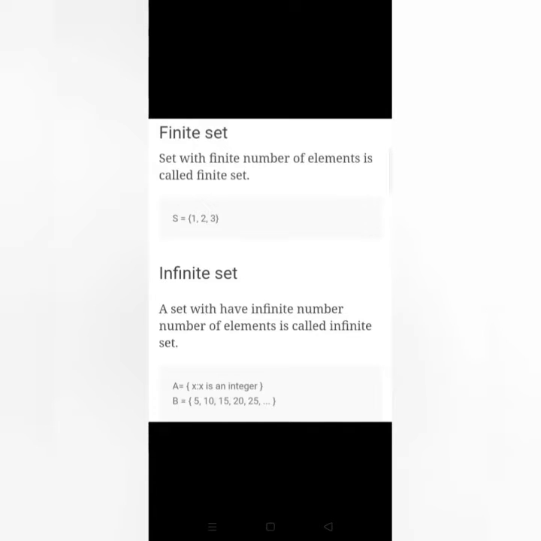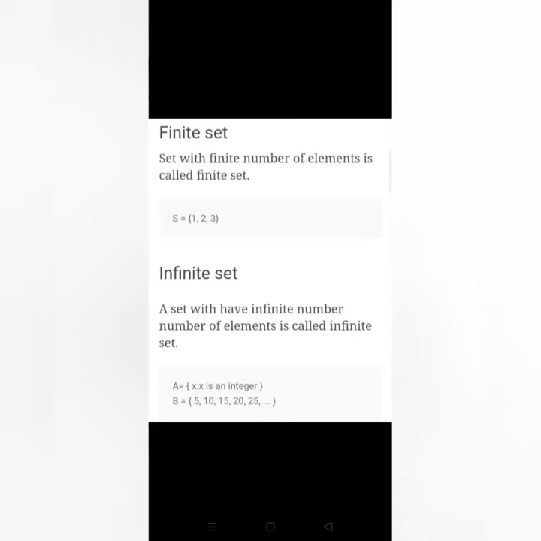Here consider A equal to the set of natural numbers, the set of real numbers, the set of all integers; these are examples for infinite set, because we put 3 dots, that is etc. A finite set has a starting and ending value. An infinite set does not have an ending value or starting value. Okay, that is not countable. If the number of elements of a set is not countable, that is called infinite.